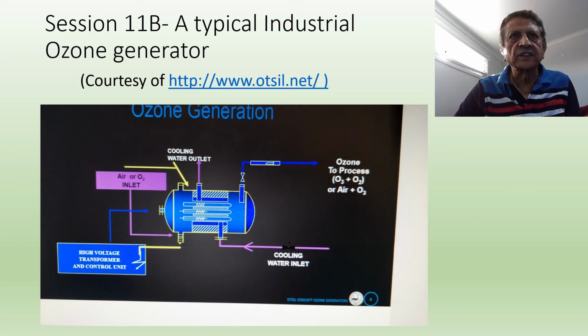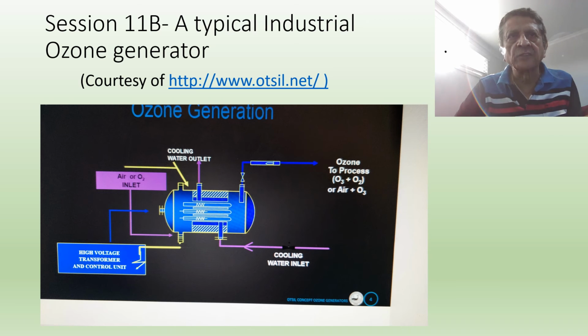This picture shows a typical commercial ozone generator. The tube, this is the tube method. You find that an electrode is within the center of the tube, and the outside of the glass tube or silica tube becomes the negative while the center becomes positive.